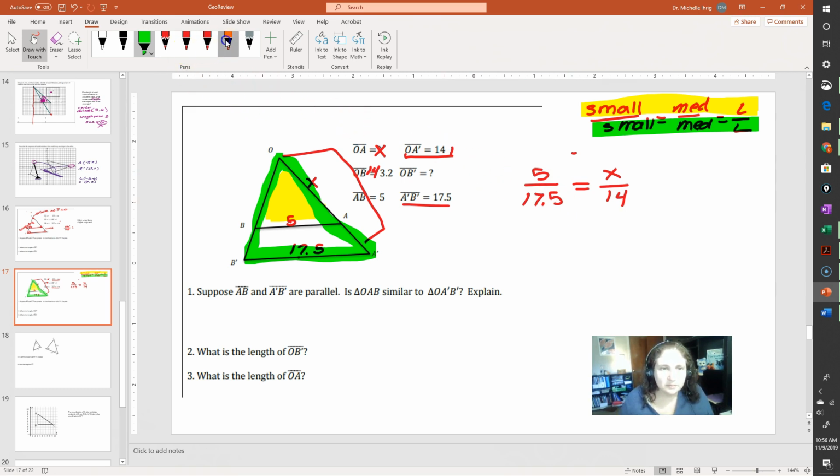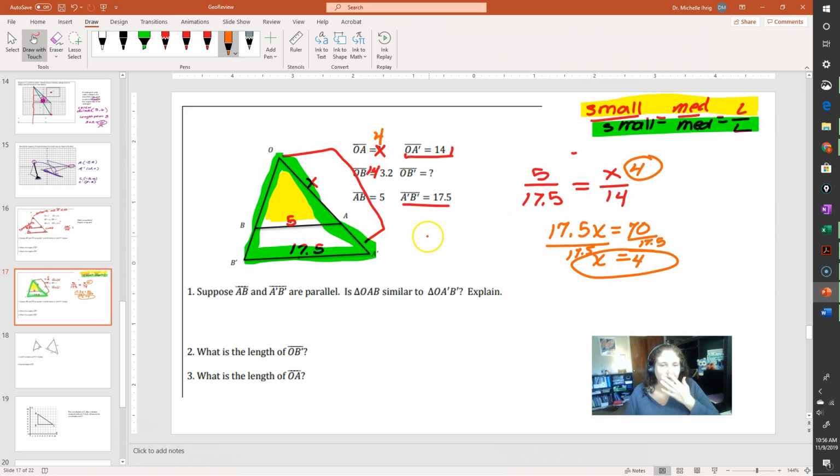Hey Google, what is 14 times 5? The answer is 70. Hey Google, what's 70 divided by 17.5? The answer is 4. Thank you, Google. Now we know our X value is 4, so that would replace this part. And then it still wants us to find OB prime.